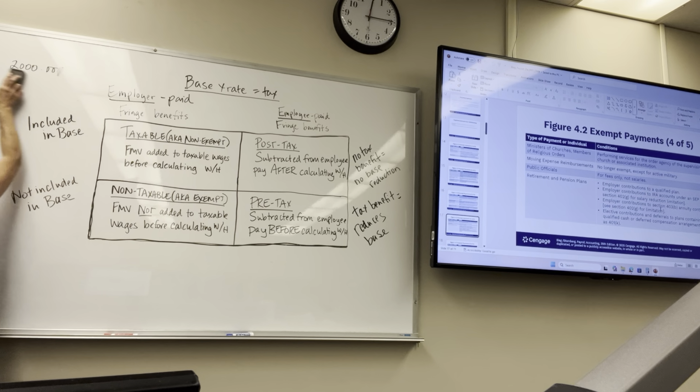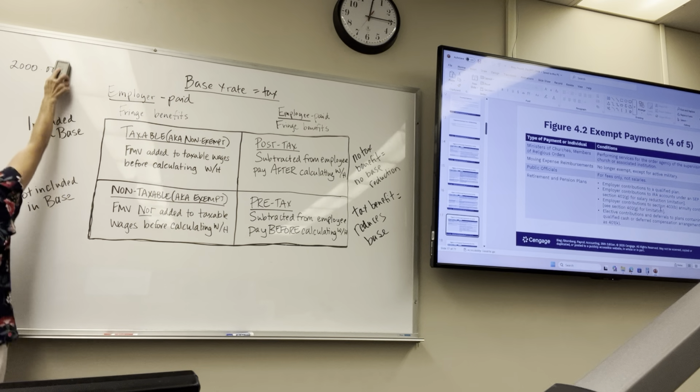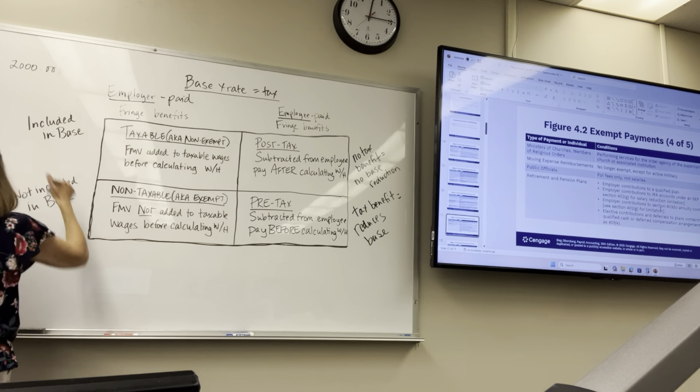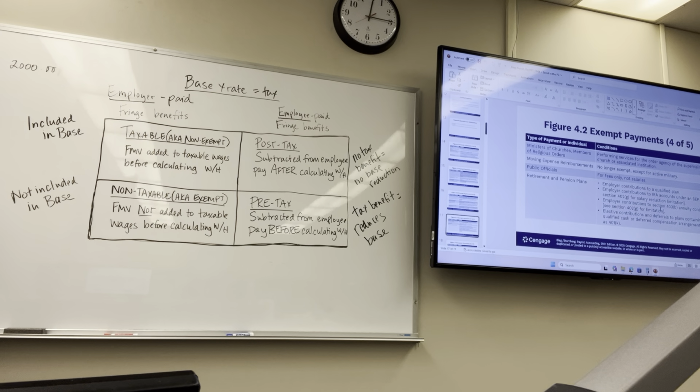So if we've got an example here, we've got wages of $2,000 and we've got a pre-tax contribution, we'll say it's a 401k, which is a type of retirement plan contribution. If the employer is contributing, it's non-taxable, so any amount would not be added to this wage base, and any amount of contribution that the employee makes is going to be subtracted from the wage base.